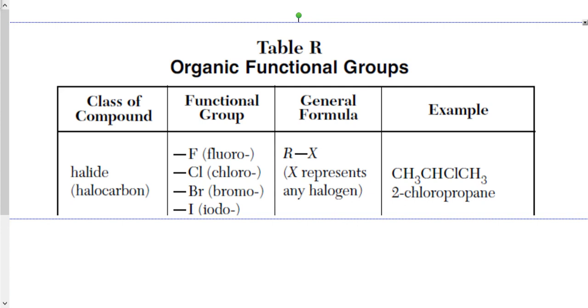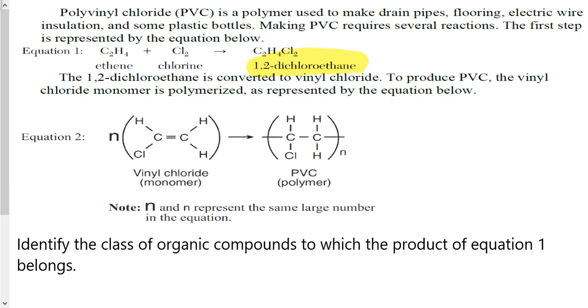Anytime we have fluorine, chlorine, bromine, or iodine, the functional group is going to be halide, and you can identify this by using reference table R. You can have multiple answers for your Regents exam. You can write halide, halocarbons, or alkyl halide. All of these answers are correct.